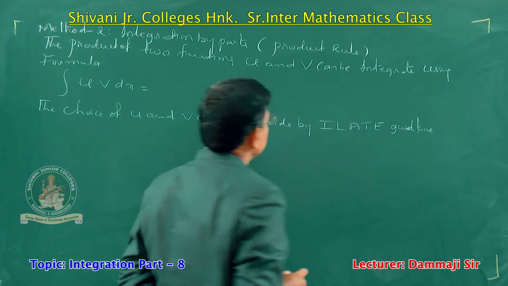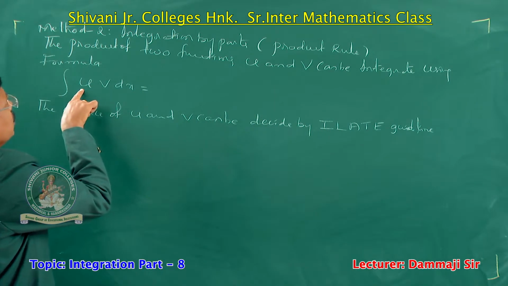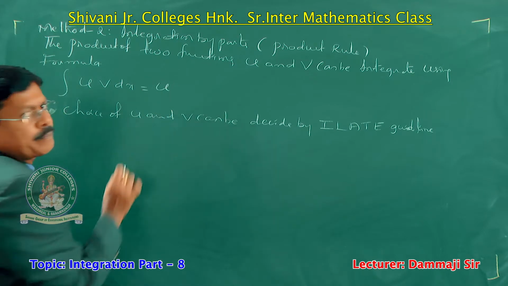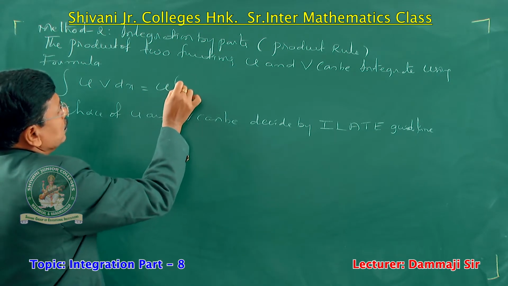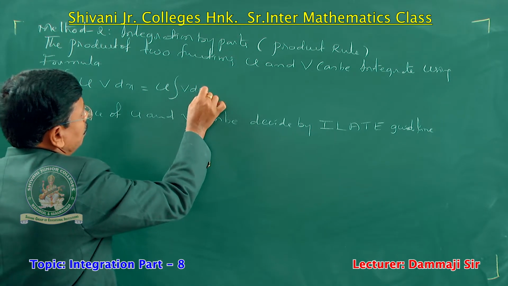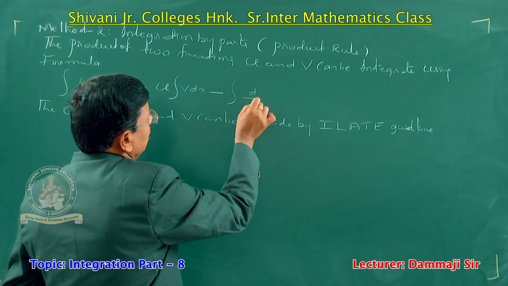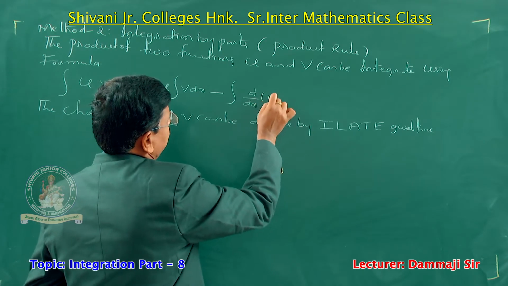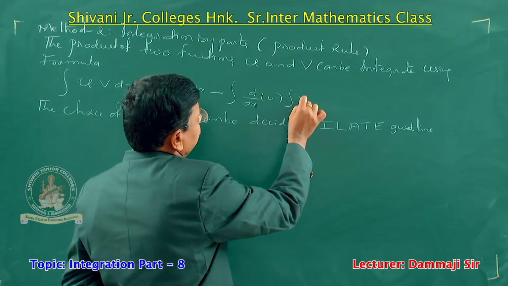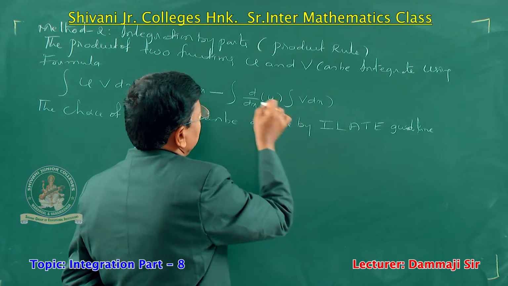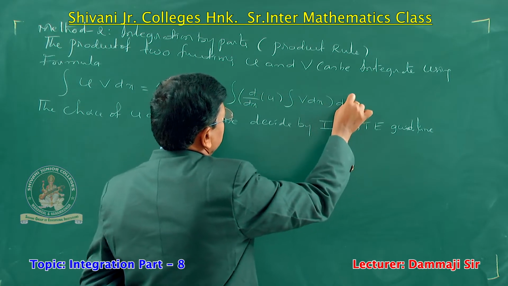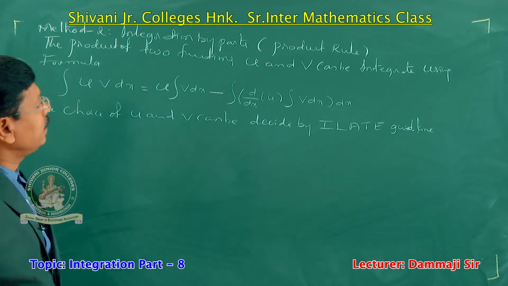What is the process? Keep the first function as it is, times the integral of the second function, minus the integral of the derivative of the first function times the integral of the second one. First of all, find the first and second.